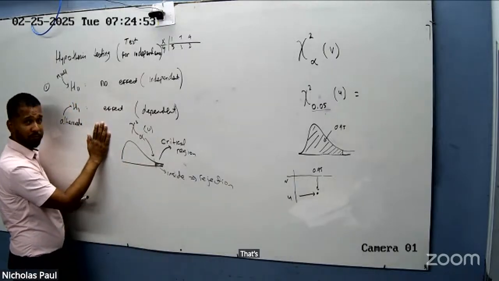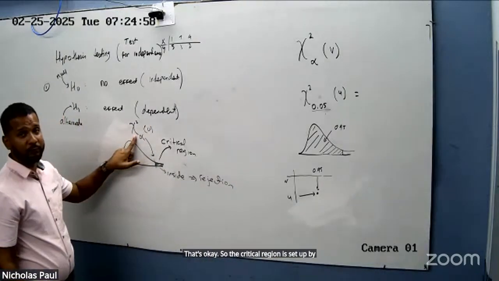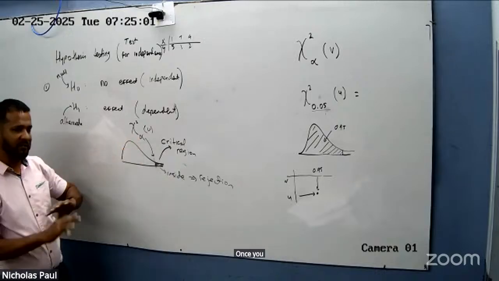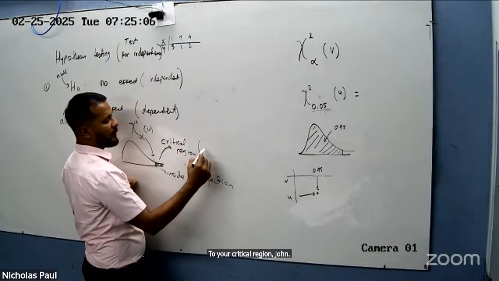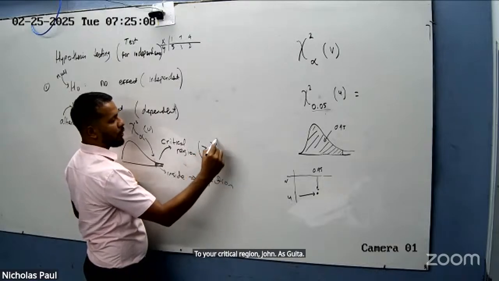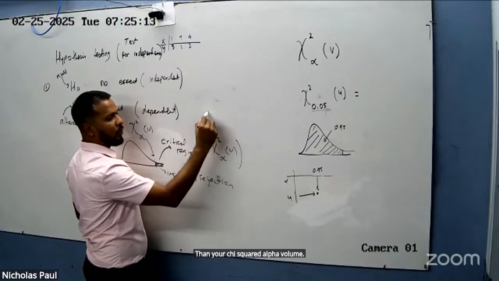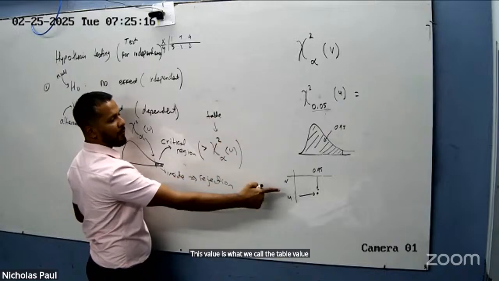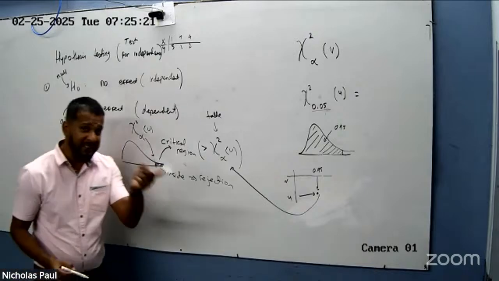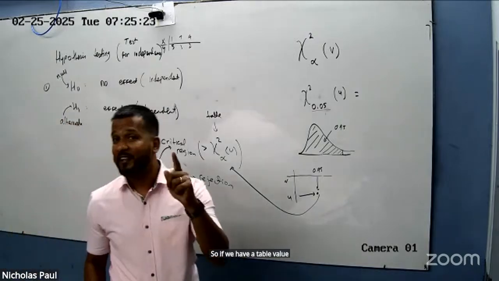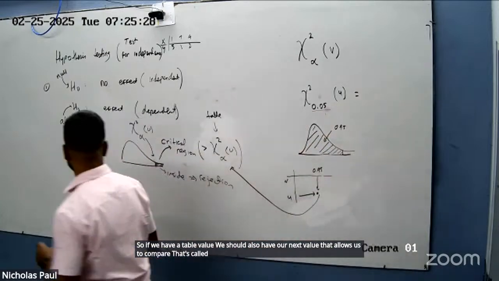That's okay? So the critical region is set up by knowing this value. Once you end up greater than this, that is your critical region. So your critical region is greater than your chi-squared alpha value. This value is what we call the table value. That comes from there, right? That's this value here. So if we have a table value, we should also have a next value that allows us to compare. That's called our calculated value, right?